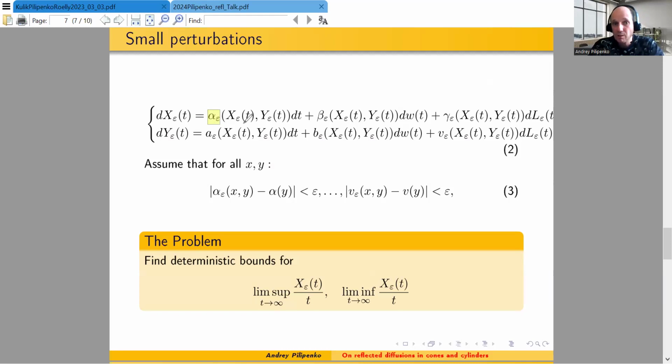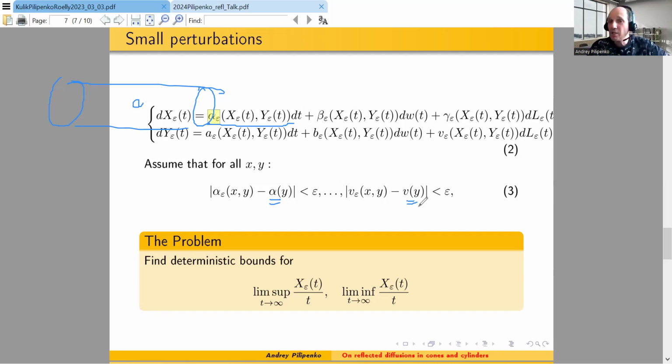So we consider a process in a cylinder with a reflection and assume that the coefficients for this SDE are close to alpha, V, and all the other coefficients from the previous theorem.